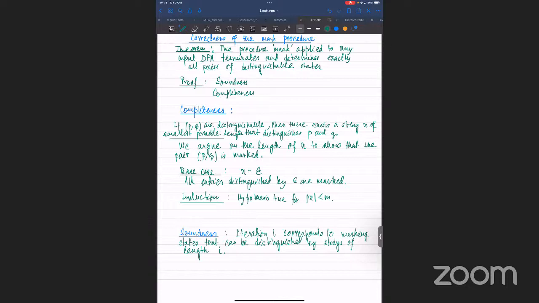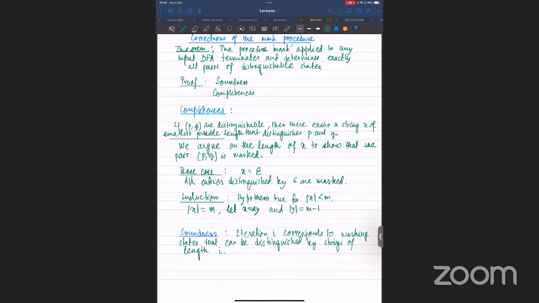So this is my induction hypothesis, right? And now suppose the length of x equals m. So this is the minimum length string which is going to distinguish a pair of states p and q. And you say that let x equal to ay, and hence y is of length m minus 1, right?